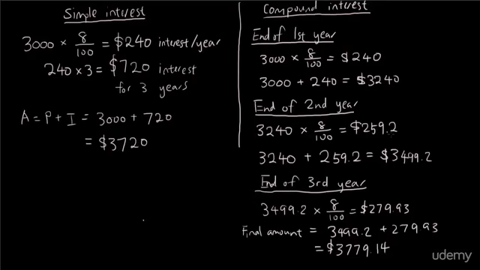And you can also see that the interest every year is increasing as a result of increasing the principal. So the interest in the first year was 240, interest in the second year is 259, interest in the third year. So every year the interest is increasing. So that's a good thing when you are saving money, of course.